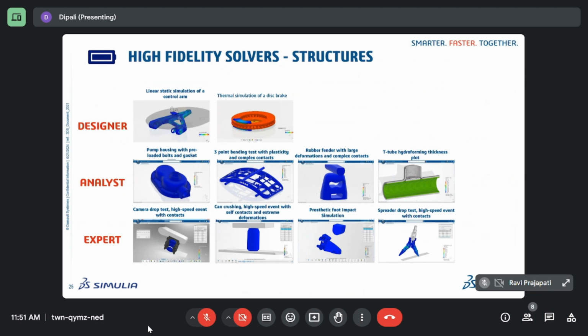So according to your designation or your portfolio, you can do the simulation with Simulia structure products.